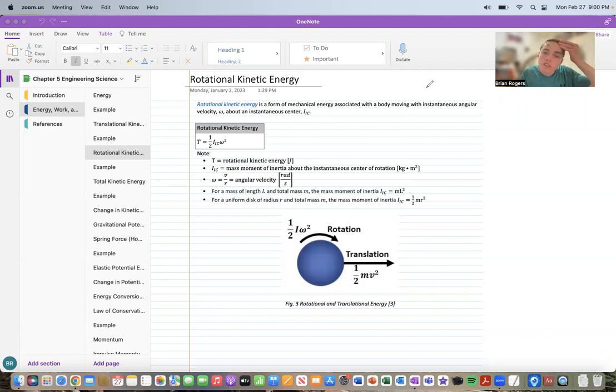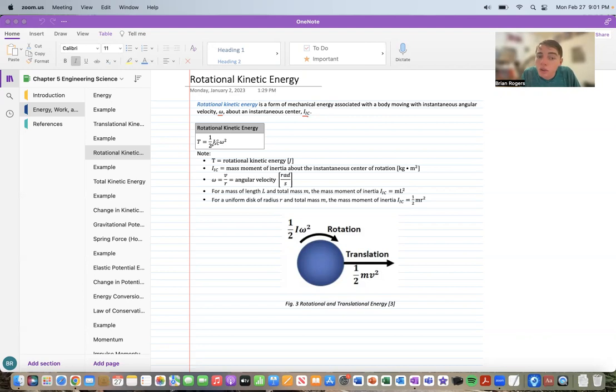Here, rotational kinetic energy is a form of mechanical energy associated with a body moving with instantaneous angular velocity. Angular velocity is represented by omega, and it's about an instantaneous center. Here, your instantaneous center is given by capital I, lowercase c.